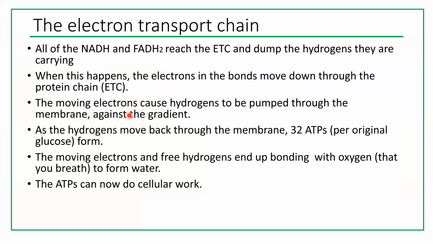The moving electrons cause hydrogens to be pumped through the membrane against the gradient. As the hydrogens move back through the membrane, 32 ATPs per original glucose form. The moving electrons and free hydrogens end up bonding with oxygen that you breathe in to form water. The ATPs can now do cellular work.